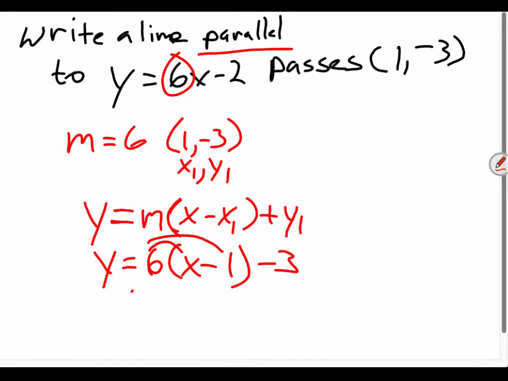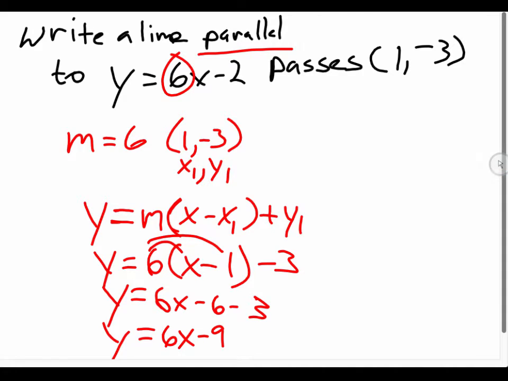Distribute the 6 through, and I get 6x minus 6 minus 3, or 6x minus 9. Does that make sense? Any questions on that?